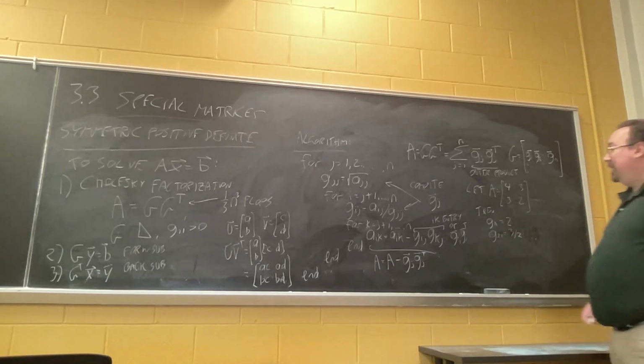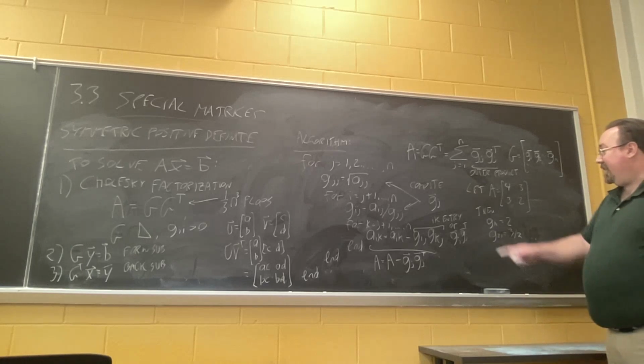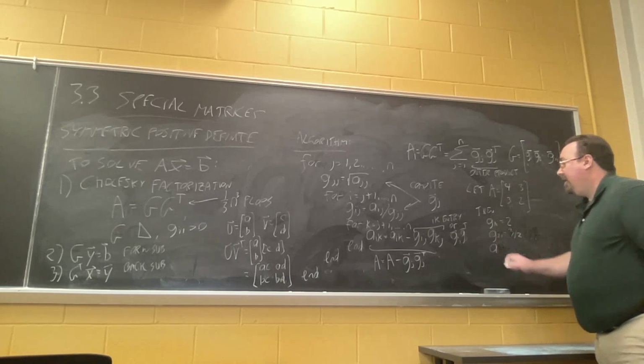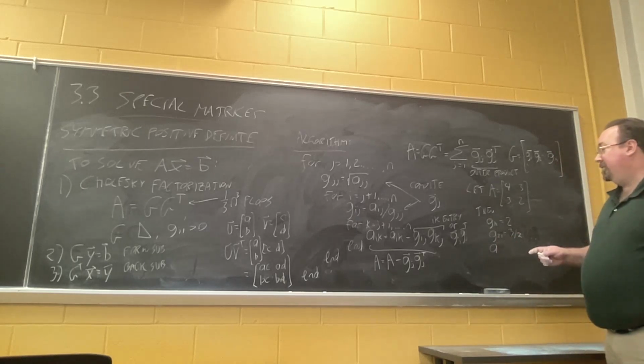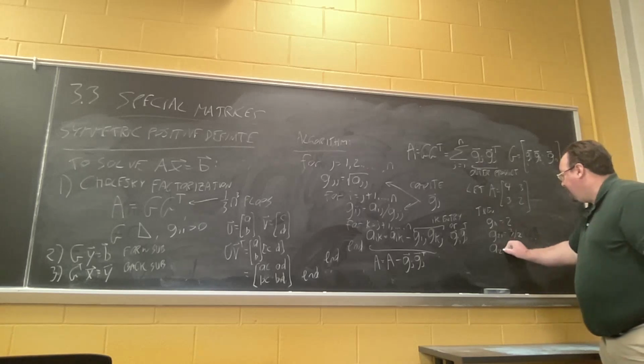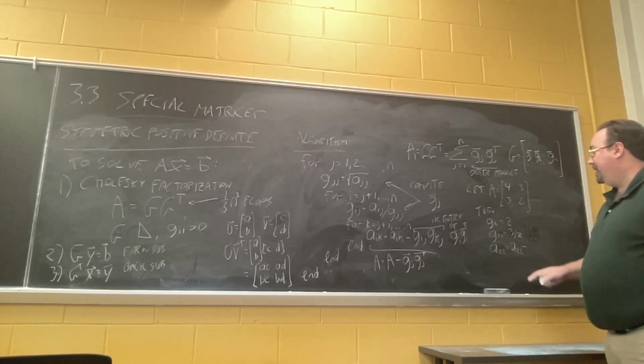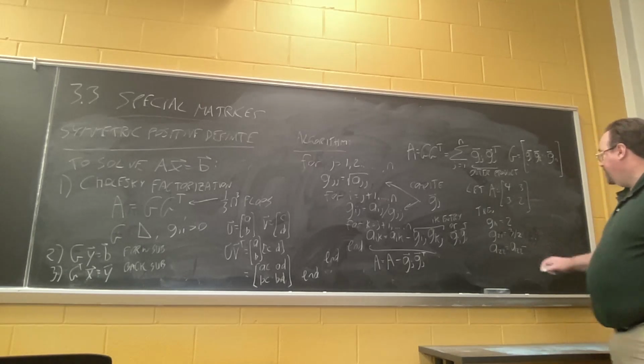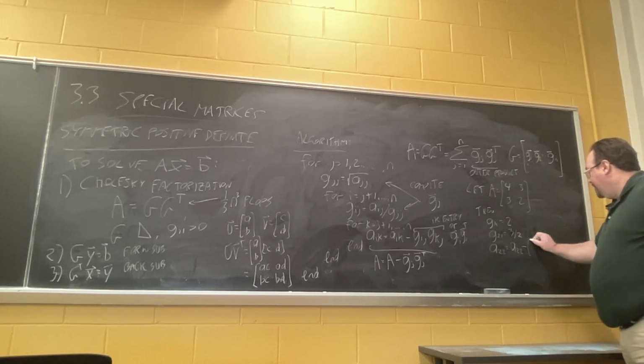Okay, whoops. Sorry about that. And now, when I go to modify A, I is equal to 2 and K is also equal to 2. So A22 is equal to itself minus G21 squared.